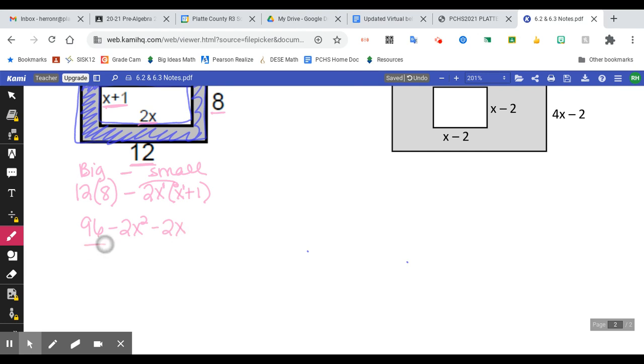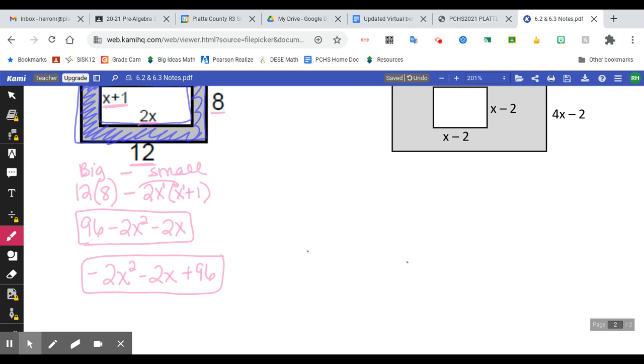I can't combine any like terms, so this would be my answer. If you wanted to write it in standard form, it would be negative 2x squared minus 2x plus 96. Really, I would take it either way. It doesn't bother me which way you leave it. Okay, unless it specifies on the test to tell you which one.